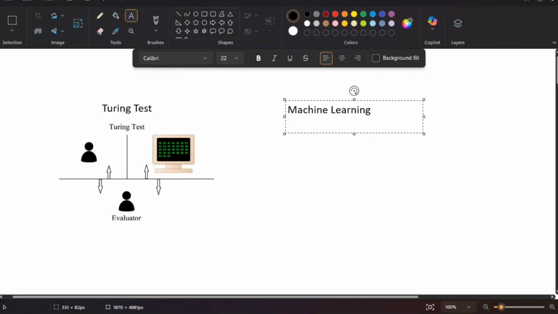Machine learning means making a computer learn from patterns or data. You give the data to a model, the model reads the data, learns from it, and then does a prediction. So let's say I have a model which does weather prediction.